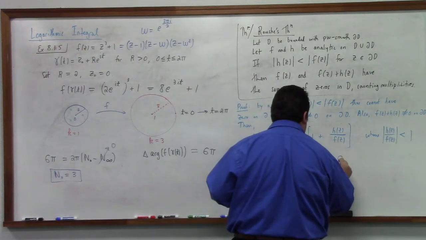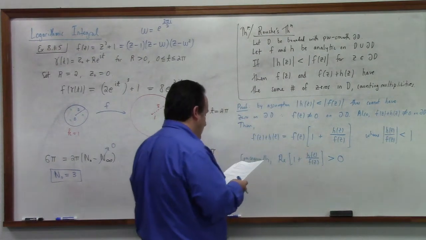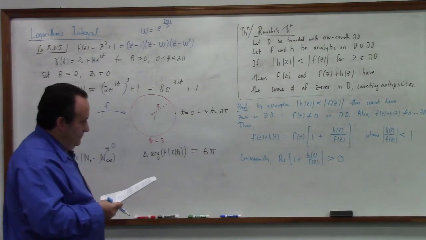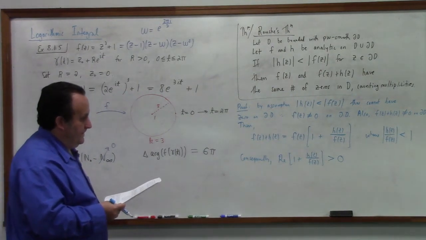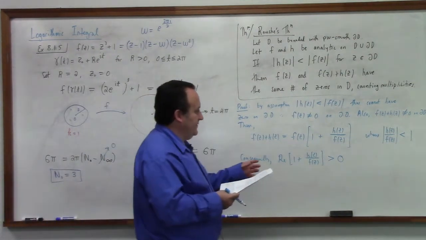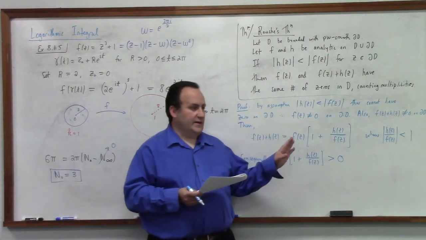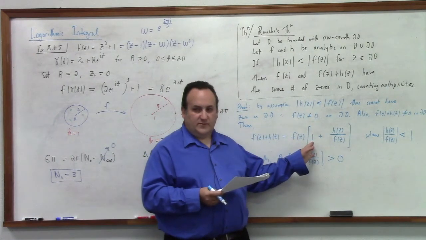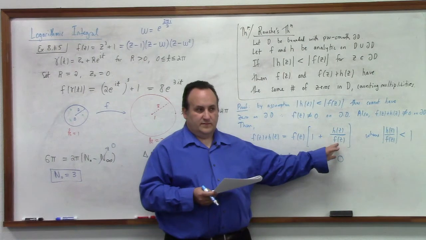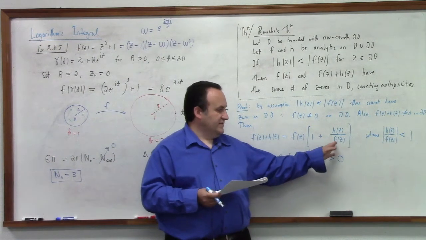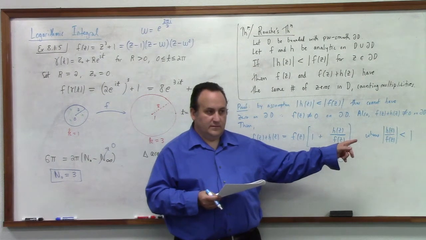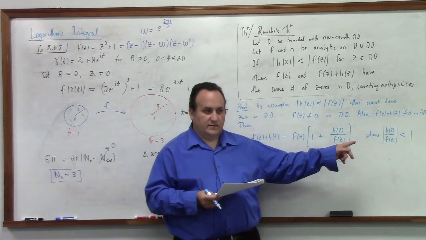Okay, can you guys see that? Why is that true? Well, that's actually pretty obvious. If you look at the parentheses here, we're taking 1 plus a complex number whose modulus is smaller than 1, right?